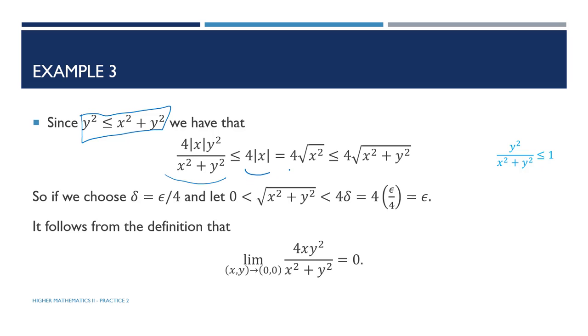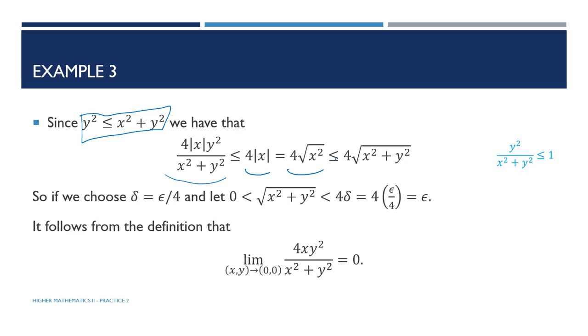and the absolute value of x is the square root of x squared, because when we cancel this square root and the square, we get the absolute value of x. We don't know if it is a positive or negative number, so we always write the absolute value of x. And from that one we also get that the square root of x squared plus y squared is greater than the square root of x squared.